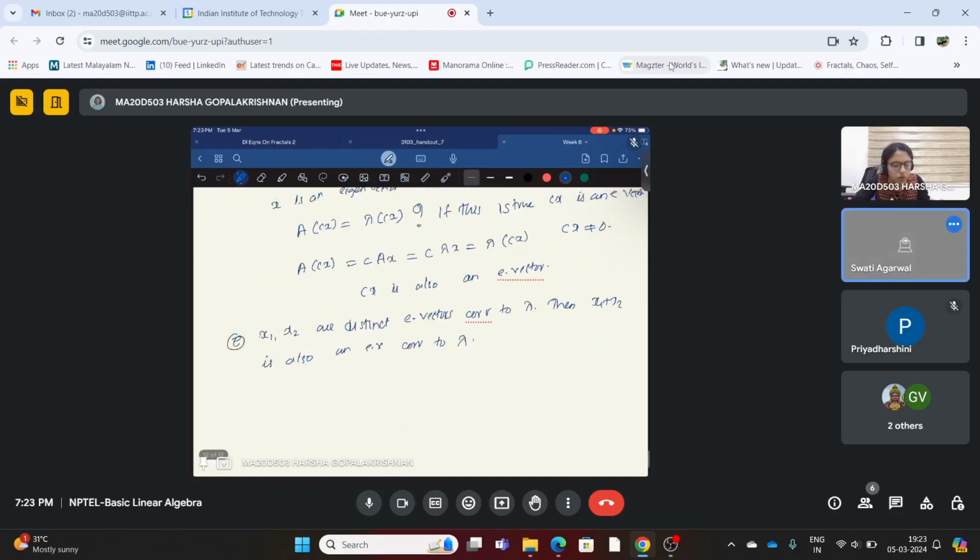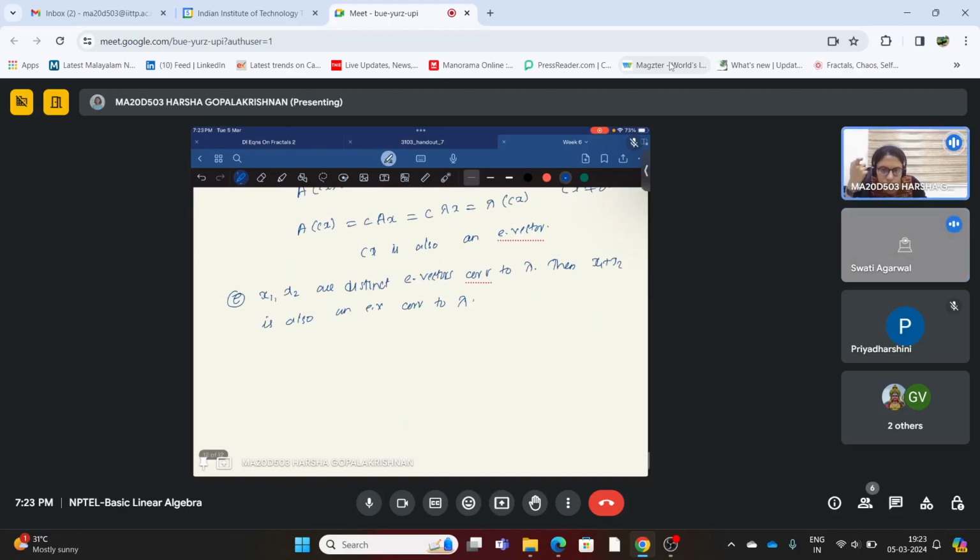So it is just like the earlier case. How should we write this? What do we need to prove? A into x1 plus x2, that is what we need to check, right?